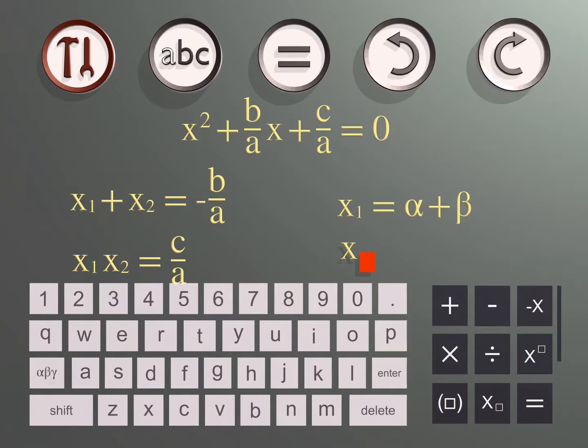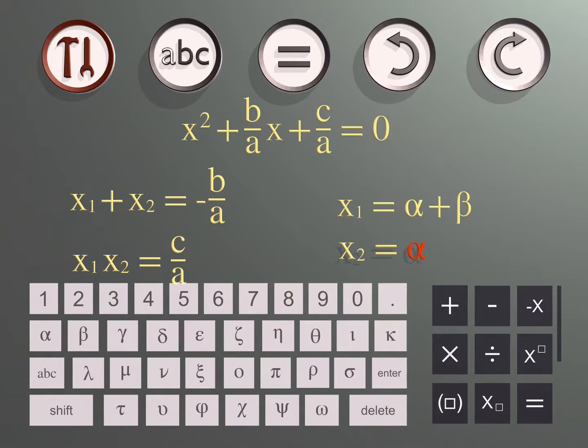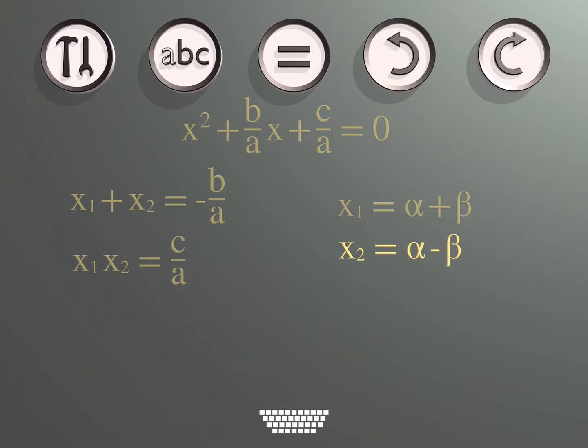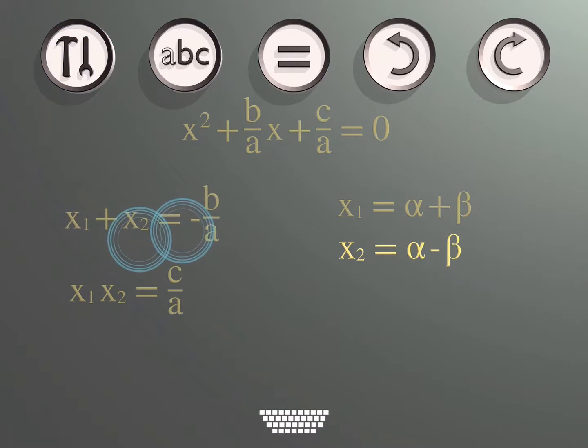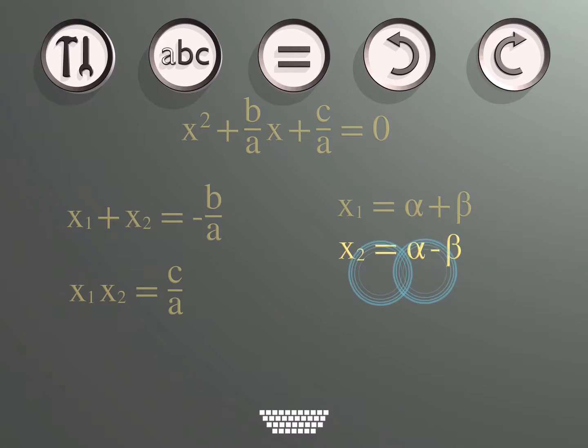And x2 can be written in the form alpha minus beta. So far I haven't done anything. I've just written x1 and x2 in a different form, but this will be a very convenient form.